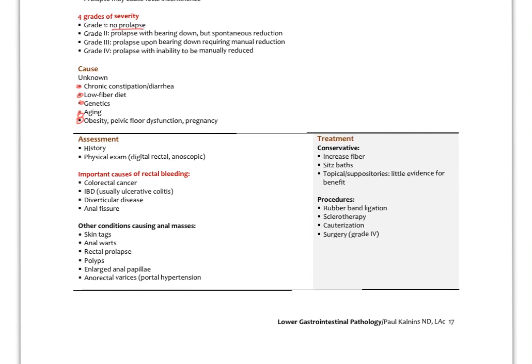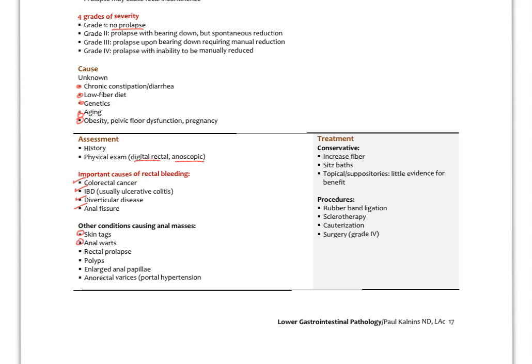The assessment would be pretty much from the history, physical exam, doing a digital rectal, and that anoscopic exam I discussed, and ruling out other important causes of rectal bleeding, so colorectal cancer, inflammatory bowel disease, the ulcerative colitis, diverticular disease, and then anal fissures. And then looking at other conditions causing an anal mass like skin tags, anal warts.